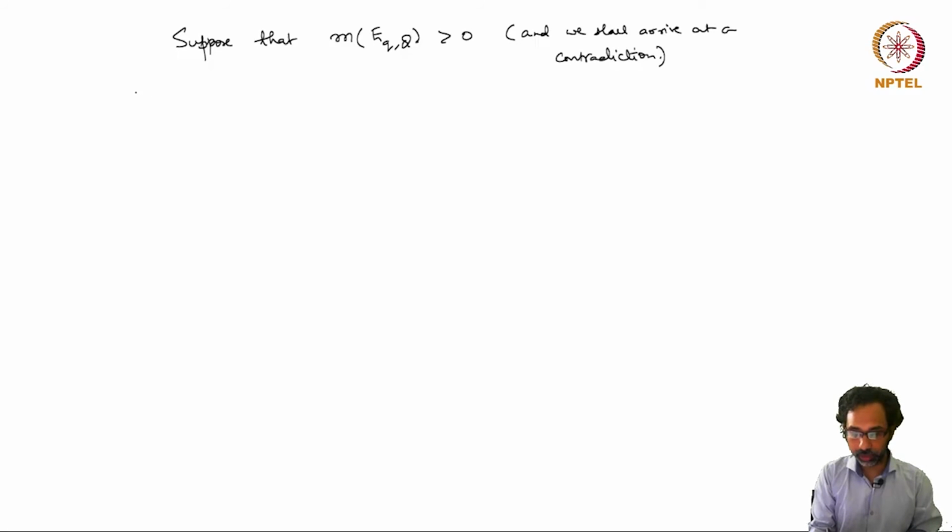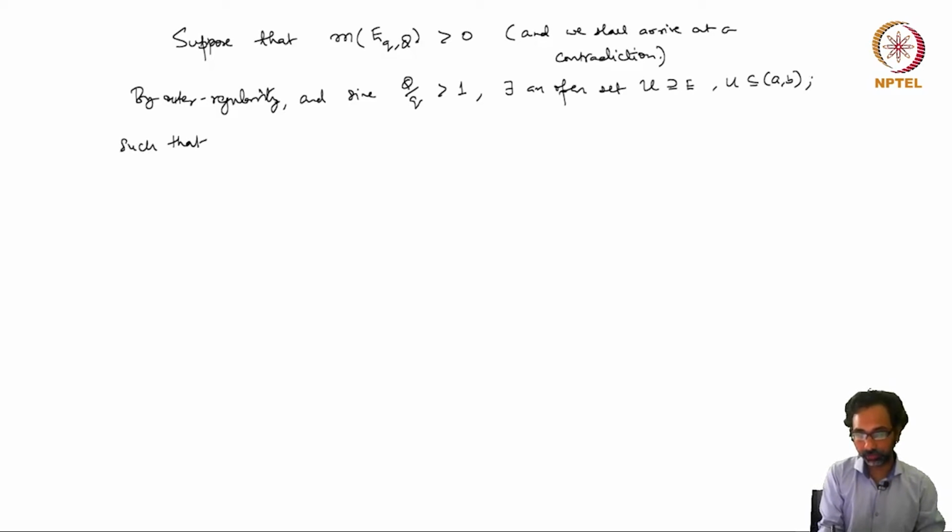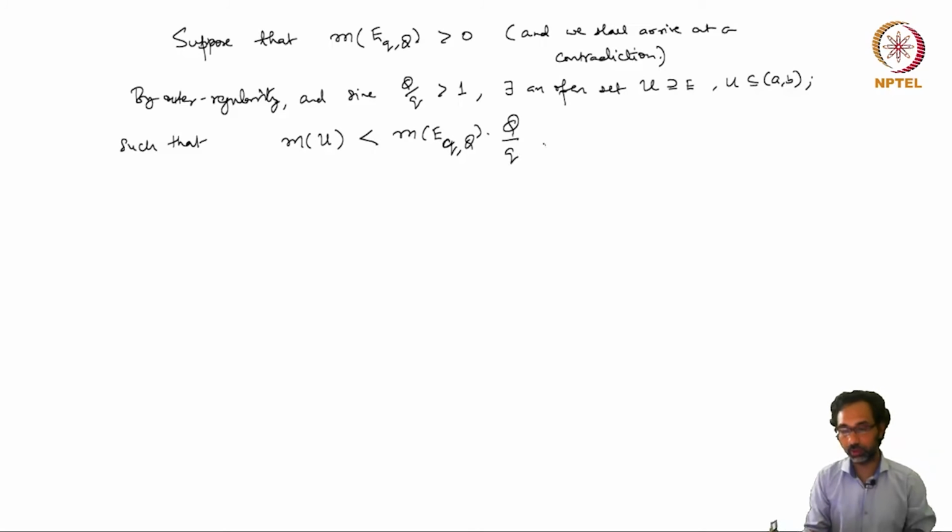Now we start by taking outer regularity, and since this number capital Q over small q is strictly greater than 1, there exists an open set U containing E, and U is a subset of this open interval AB such that the measure of U is strictly less than capital Q times the measure of E over small q.